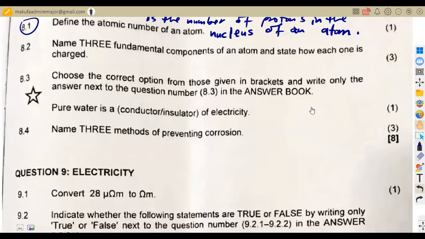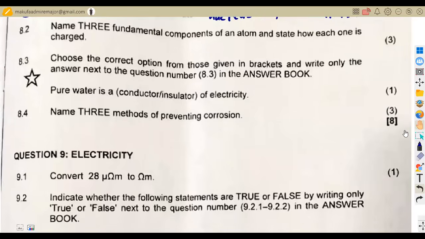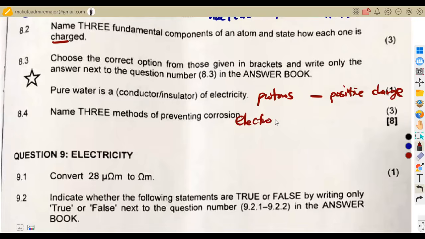Then name 3 fundamental components of an atom and state how each one is charged. So there we are talking of the protons, which are positively charged. We talk of the electrons, which are of negative charge.